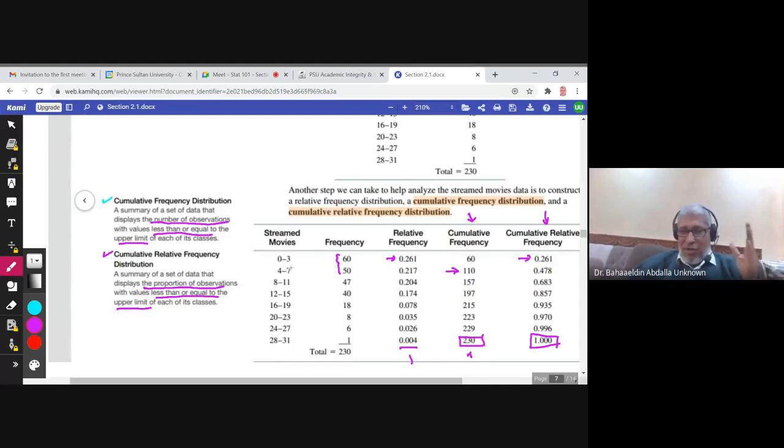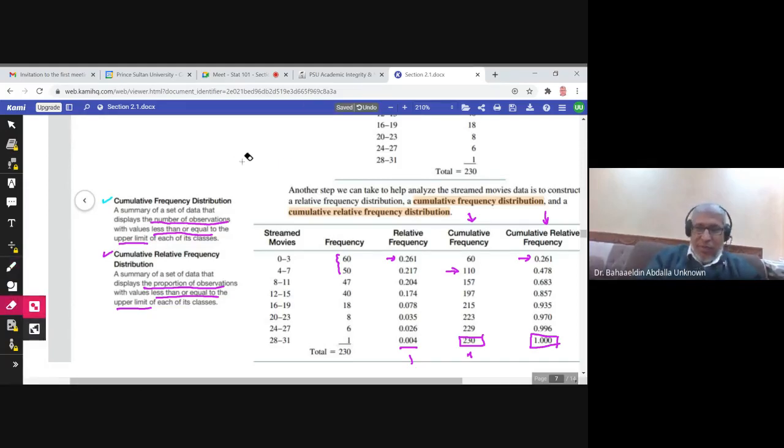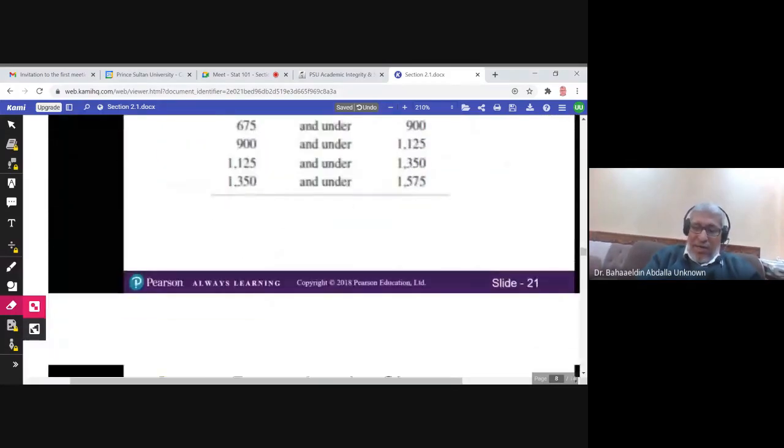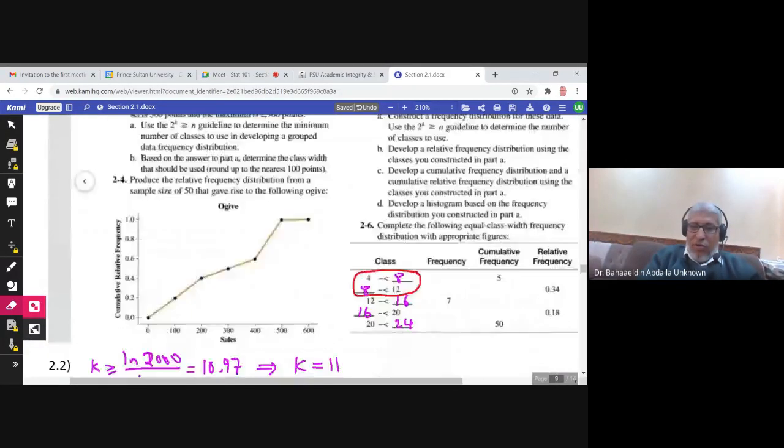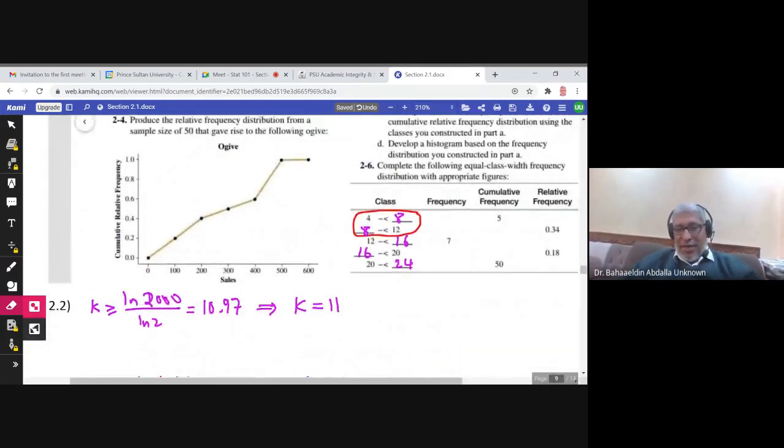Both are correct. It's no problem. You can write it from 0 to 3, or you can write it from 0 to less than 4. This is also the same. It means that 4 is not there. Here he did it like this, from 4 to less than 8. But this is how we find the classes.